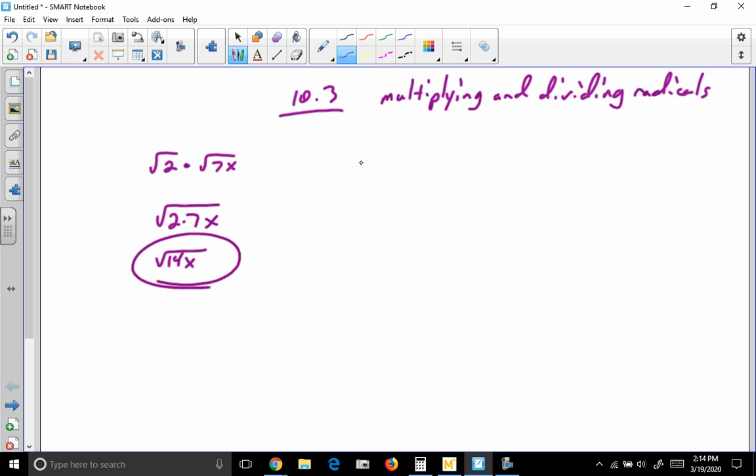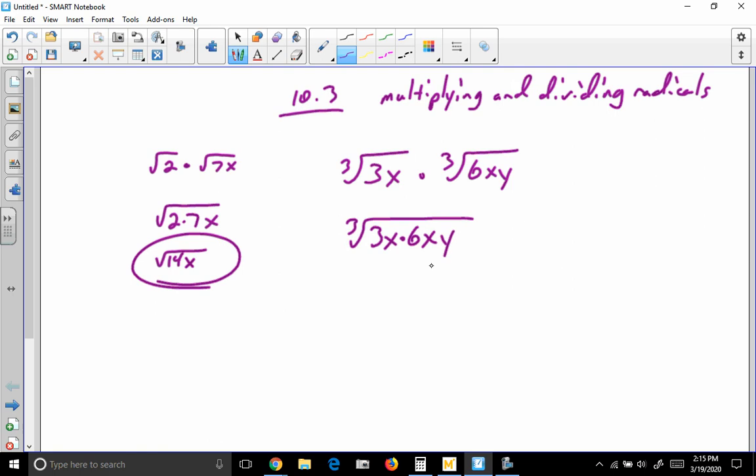That's true whether it's a square root or if we have a cube root of 3x times a cube root of 6xy. Since they're both cube roots, we can multiply what's underneath. 3x times 6xy. So 3 times 6 is 18. x times x is x squared.